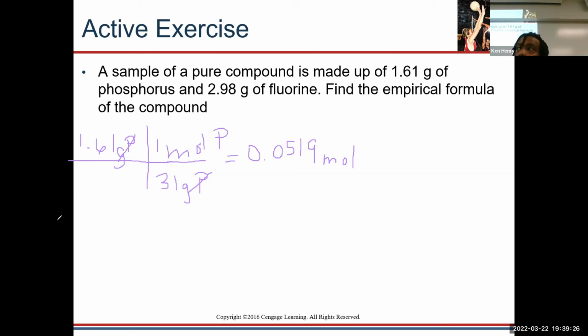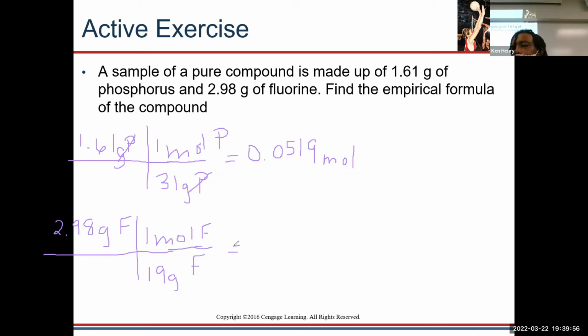And then we have 2.98 grams of fluorine. So what do I need to divide that by? 19. 19 grams per 1 mole of fluorine.